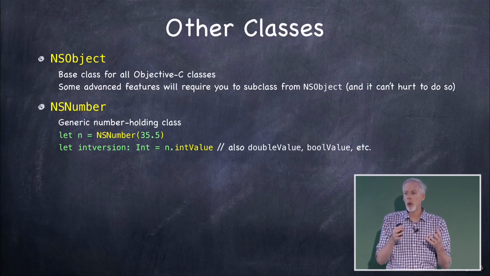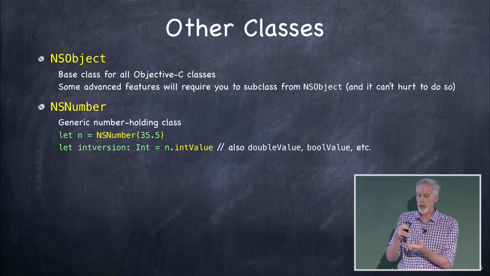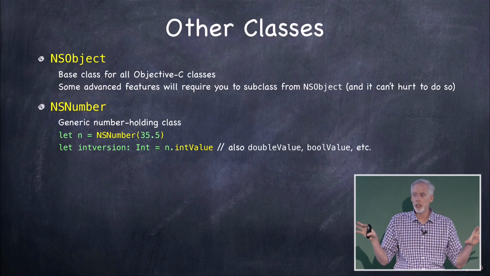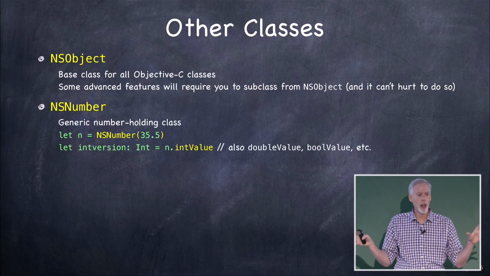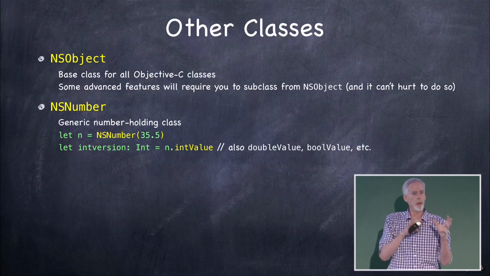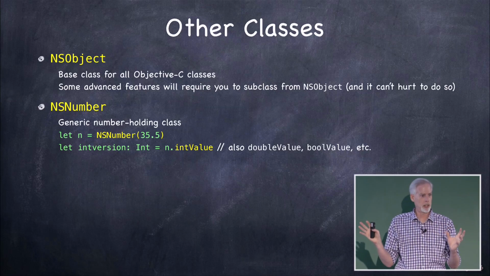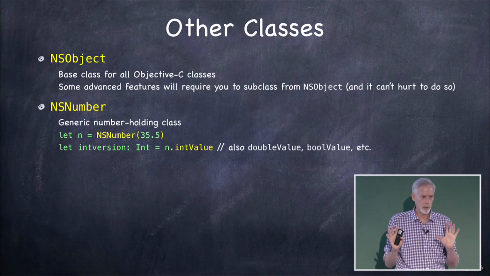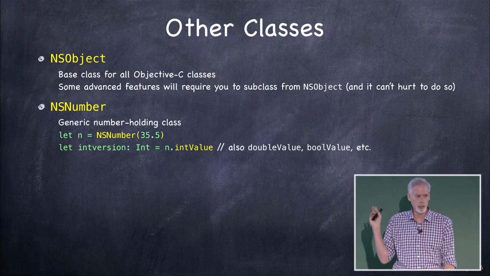Well, the answer is those things, array, dictionary, int, double, and NSNumber are all bridged magically and automatically. As you call functions that require one to be one way or the other, it just automatically works. There's a lot of magic going on in the Objective-C runtime to make that work. And we're going to take advantage of that bridging in a couple of slides here.